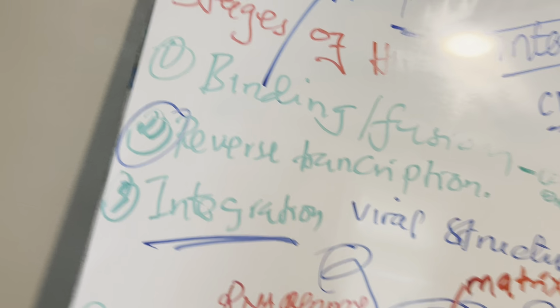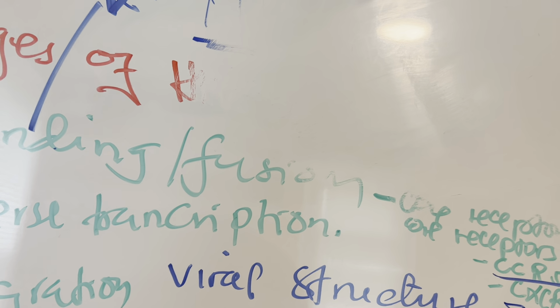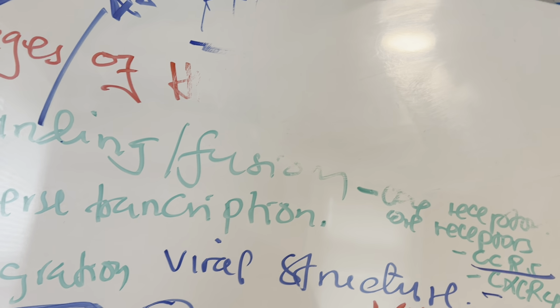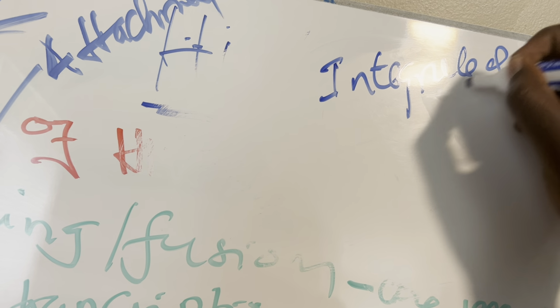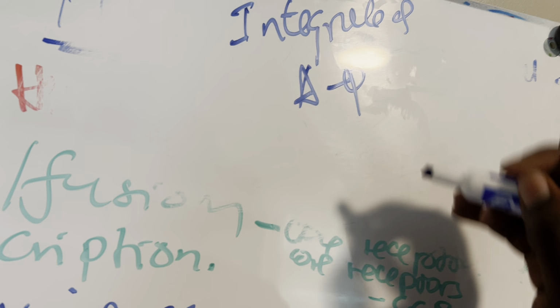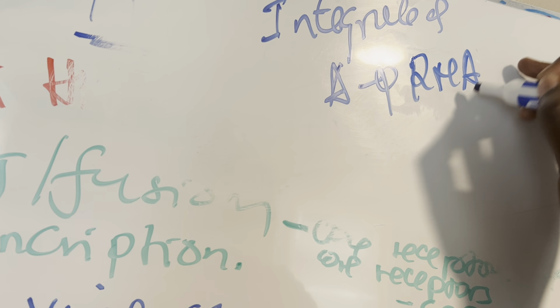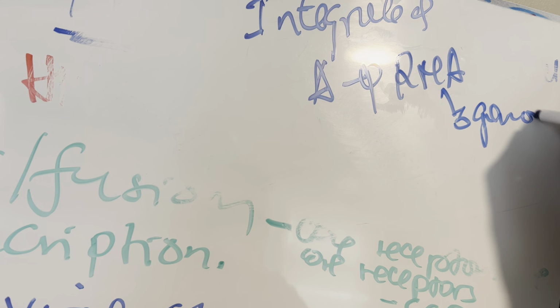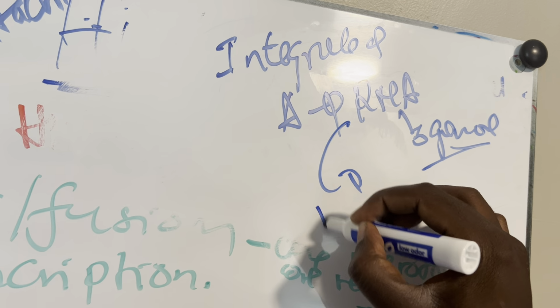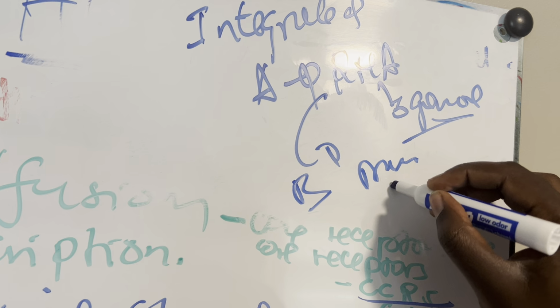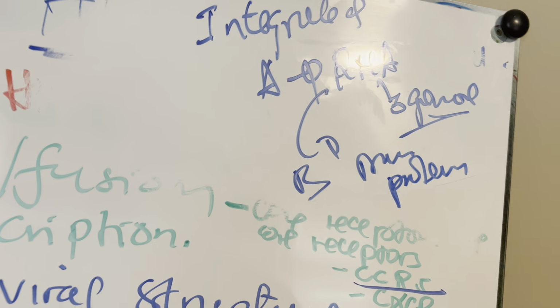So two things happen after the viral DNA has been integrated. Part A is transcribed into RNA, creating a new genome which will create a new virus, and part B is translated into proteins. Proteins are formed now.